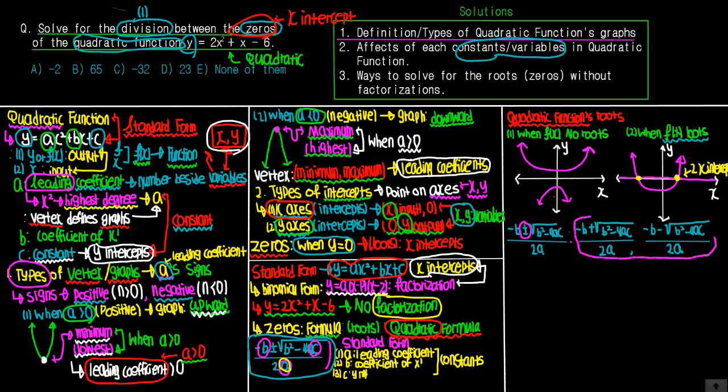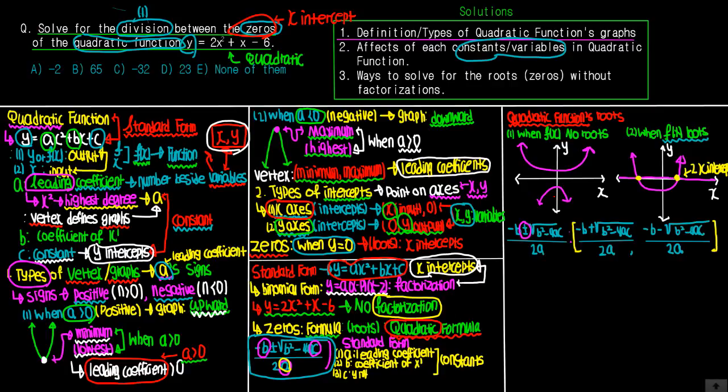And how did we make it into one, negative b plus or minus square root of b squared minus 4ac? We know the difference between these two roots is just plus and minus. All the other parts are the same, so we shorten it by saying plus or minus.